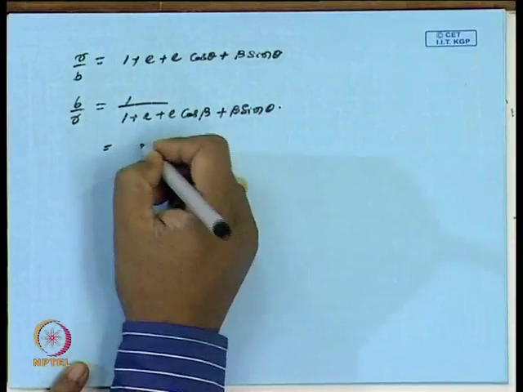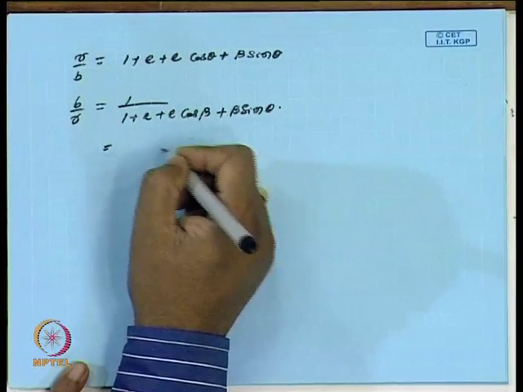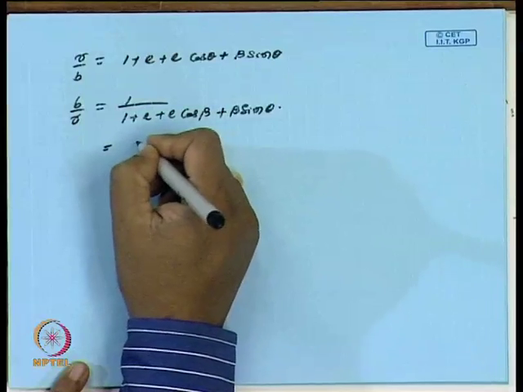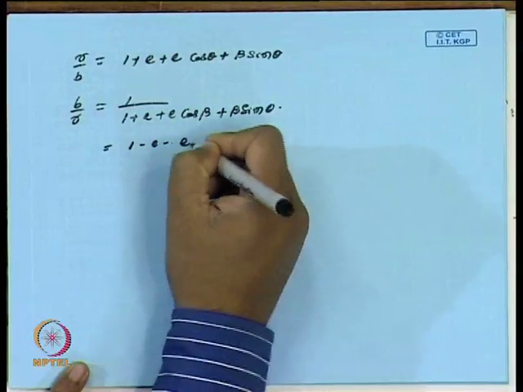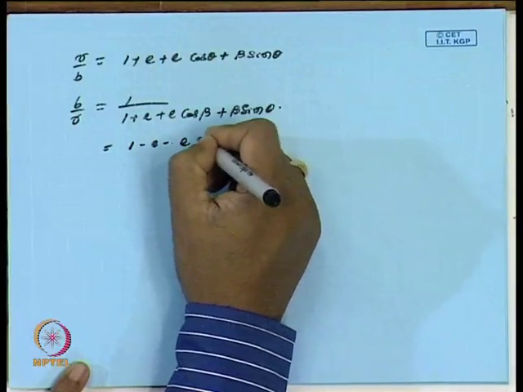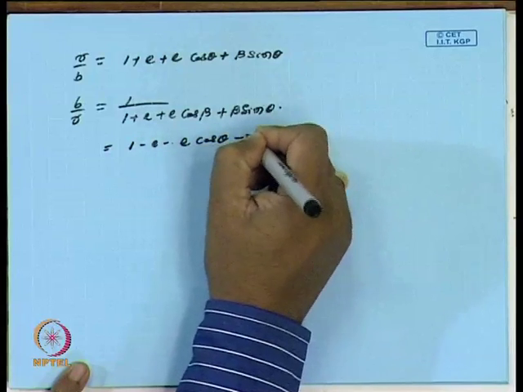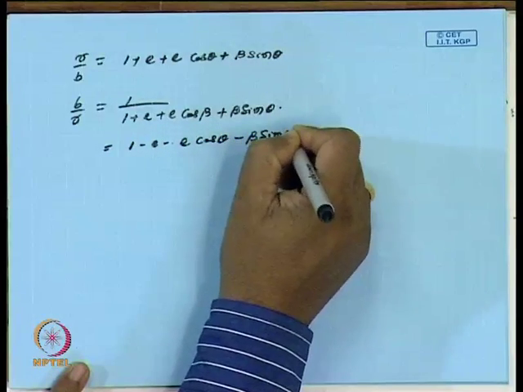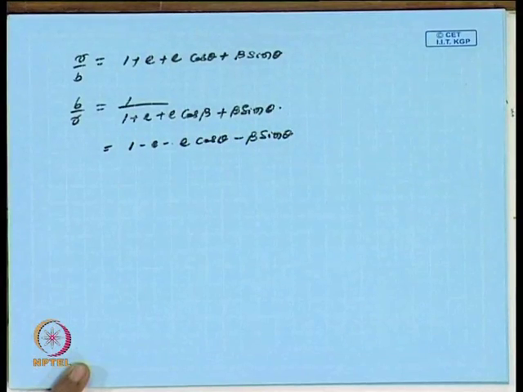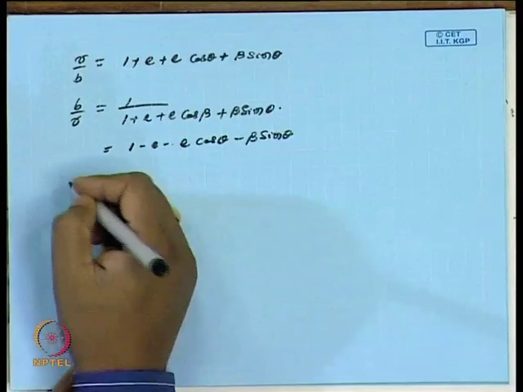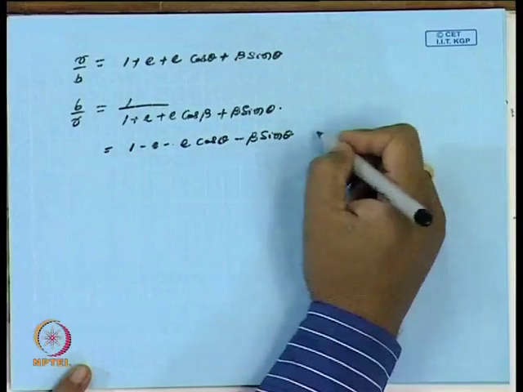If I expand it in a polynomial expansion, it will give me 1 minus E cos theta minus beta sin theta. And this is B by R, because I am neglecting the higher powers.